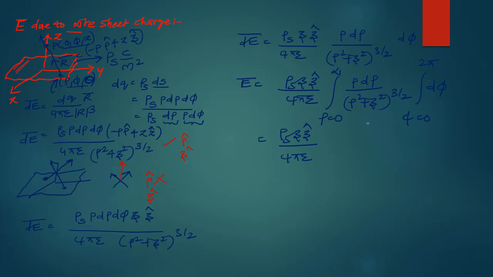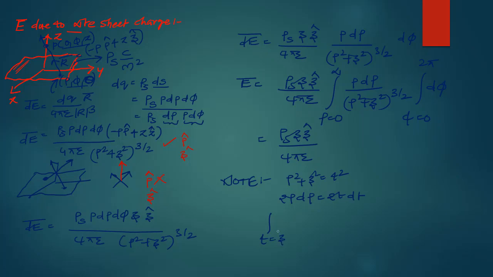Now in order to do the integration of this part, I am performing the integration in a note. Let rho square plus z square be equal to t square. If you perform the differentiation here, z is fixed, so you will have 2 rho d rho is equal to 2t dt, and the limits can also be taken accordingly. If rho is equal to 0, t is equal to z.